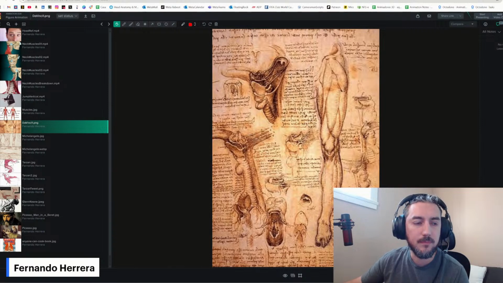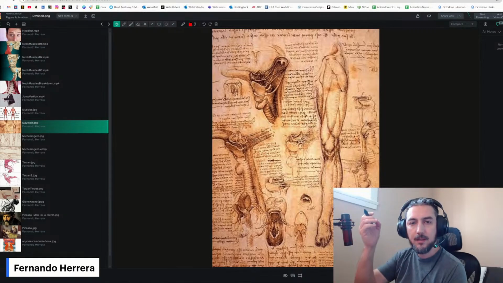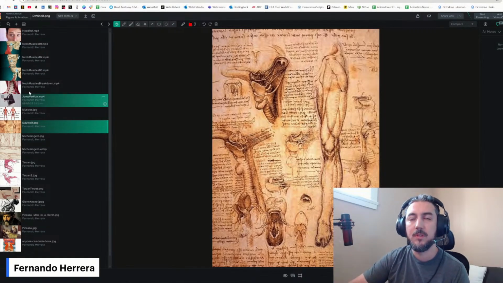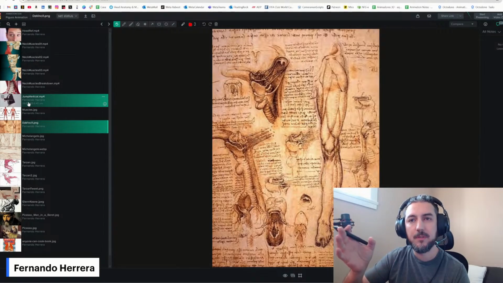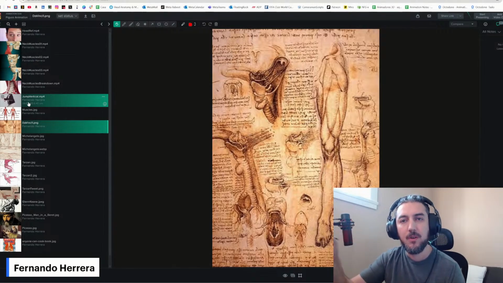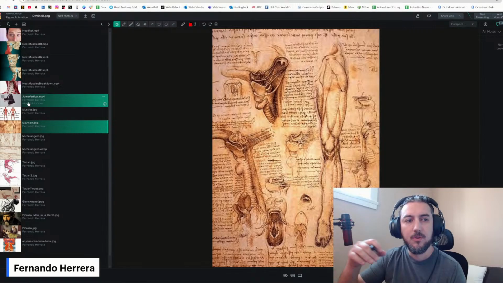Okay. So one thing that is an important concept as well, when we're thinking about realism, is that we are also observing the imperfection of real life, right?